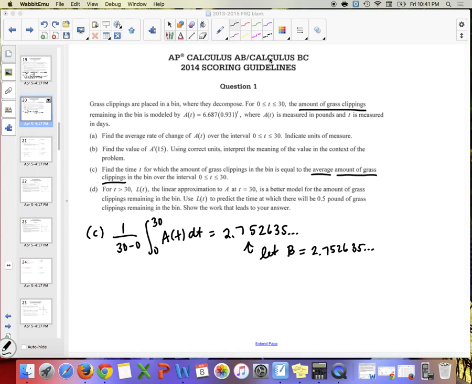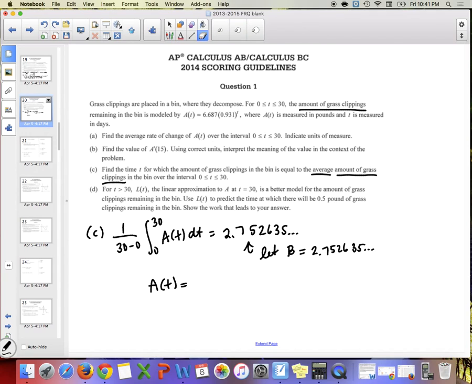So I'm going to set it up, and I'm going to say that A of t equals b. And then we can say we found that using our calculator, and t was equal to 12.415, and my units are in days.